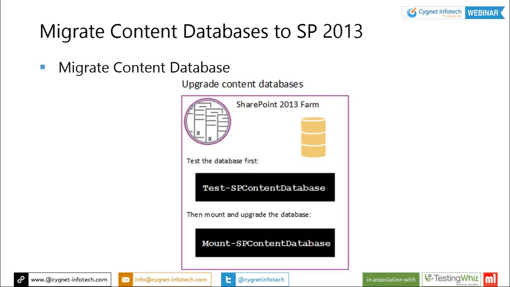It gives you a better idea on this. Then once you complete your migration, you need to attach your migrated content databases to your web application. For that, you can use the Mount-SPContentDatabase PowerShell command, and it will start the migration process for the content databases.